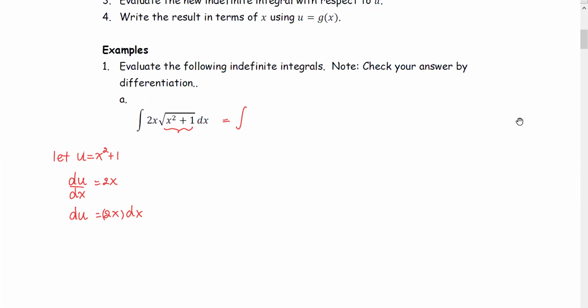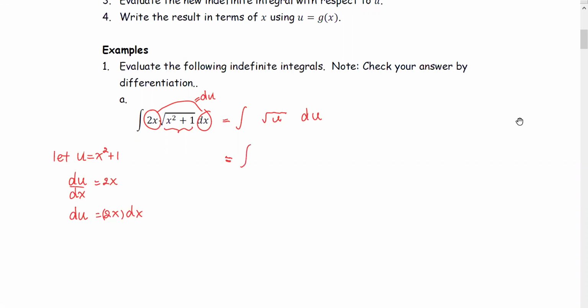The radical of x squared plus 1 will be replaced by square root of u. And then 2x times dx is the same form as du. 2x dx here is du. And then we see the integral is completely in the form of u and du.